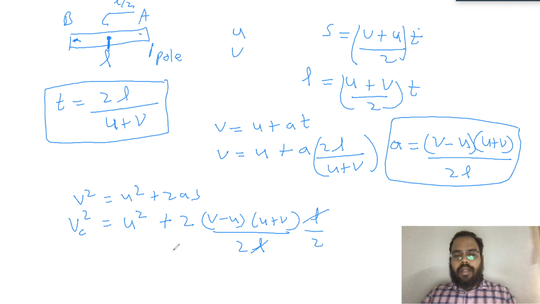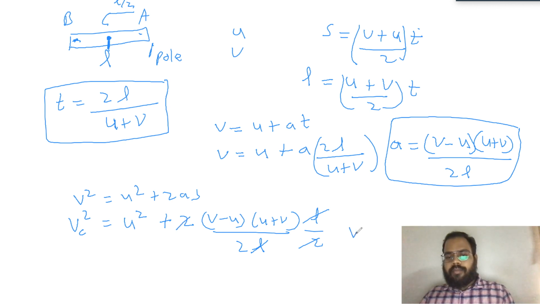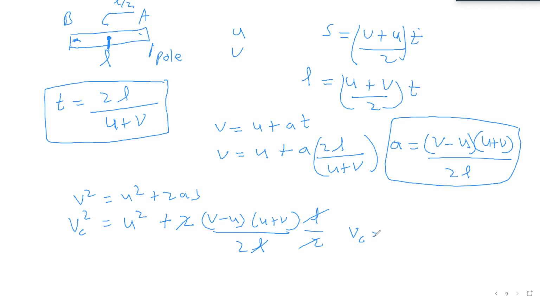L and L got cancelled, and this 2 and this 2 are cancelled, so I am left with u square. Now this is an a plus b, a minus b identity, so I can write this as plus v square minus u square, and since there is 2, I'll separate this by 2.